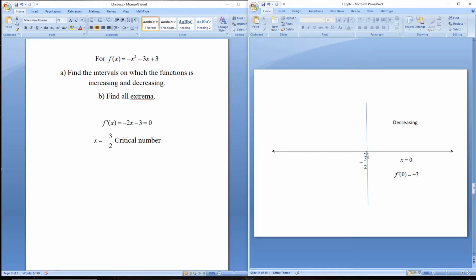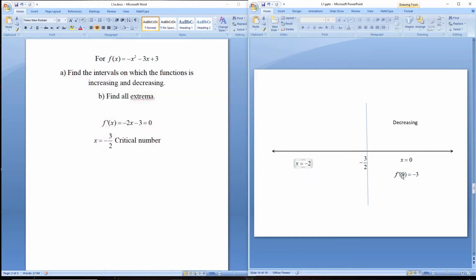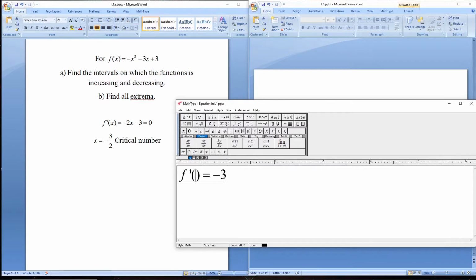And let's try a number in the left region. So what's a number we could pick over here? Say minus 2. We're going to put minus 2 into the derivative. So that'll mean minus 2 times minus 2, and a minus 3 there.